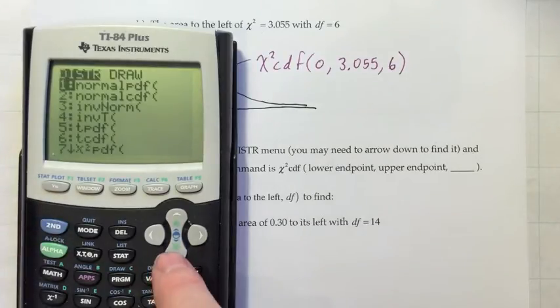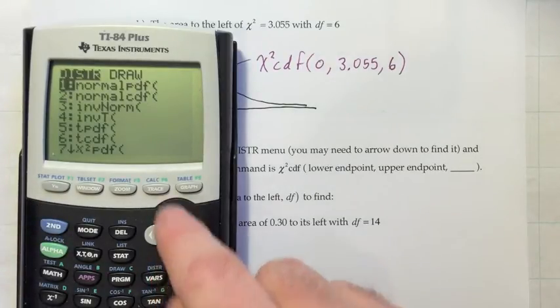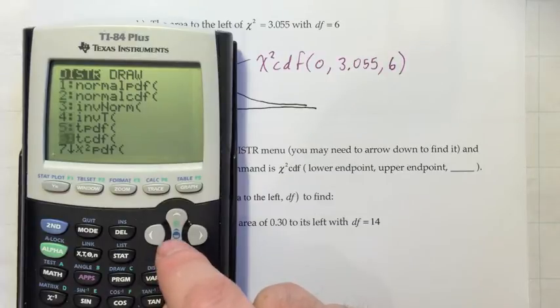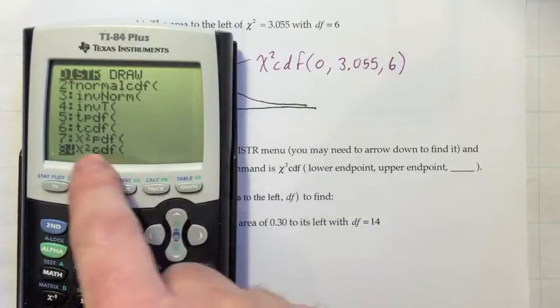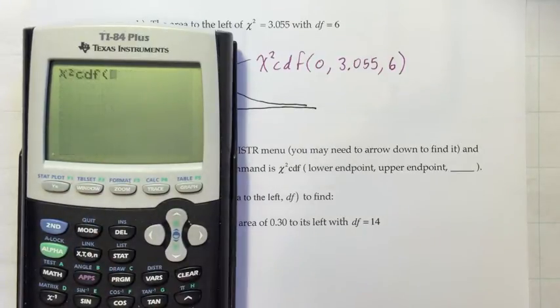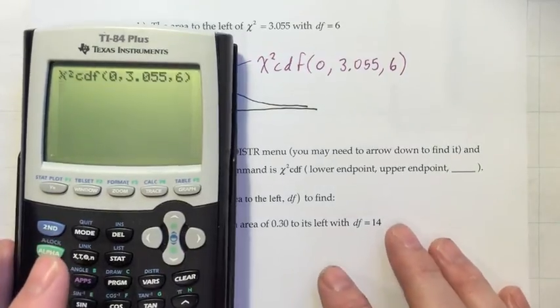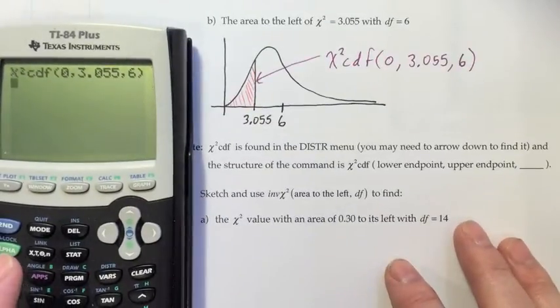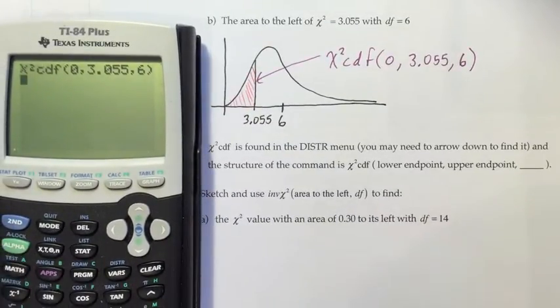So we go to the distribution menu. Chi-squared CDF doesn't show up on a lot of the calculators on the screen initially, but if you arrow down far enough, it will. So there's the chi-squared CDF. Left boundary is 0, comma, the right boundary 3.055, comma, the degrees of freedom, which is 6. So we press enter, we'll get that answer, but let's have a moment to think about what that will be.